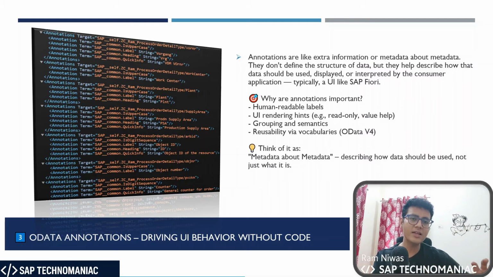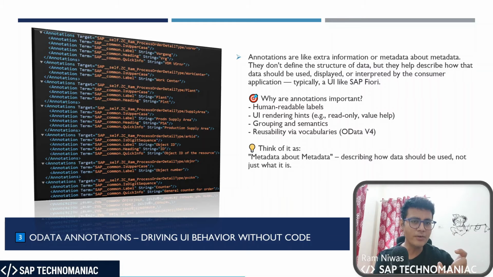So this gives the information of what the field name is, what the length of the data is, and what type of data it is. That is called data about data. We call it metadata. But annotation goes one step further. This is the metadata of metadata. Let me explain. Suppose I have one field called customer underscore ID.